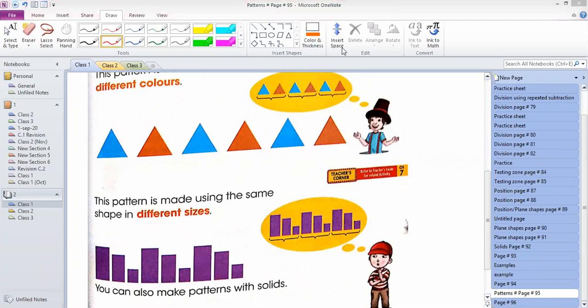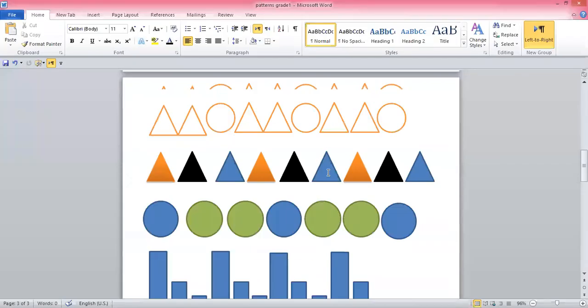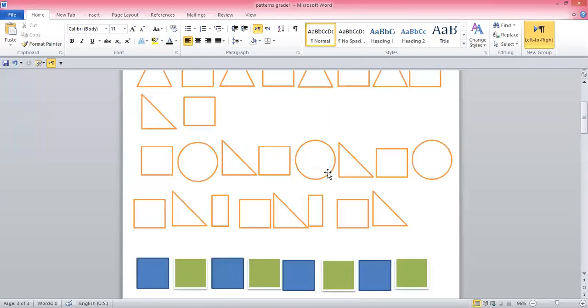I'll show you the screen, guys, where we have practiced. Look here, I'll just revise two patterns for the shapes. Look, this is a square, circle, and triangle. So this pattern is made of three shapes: square, circle, triangle, square, circle, triangle, square, circle.